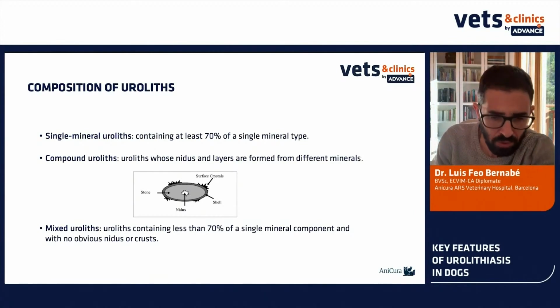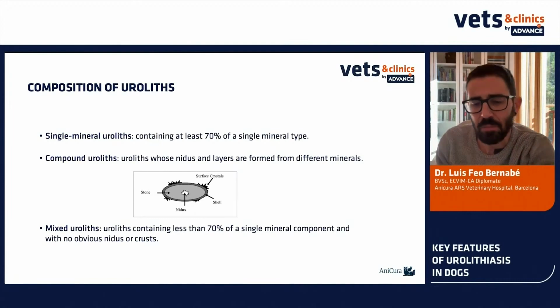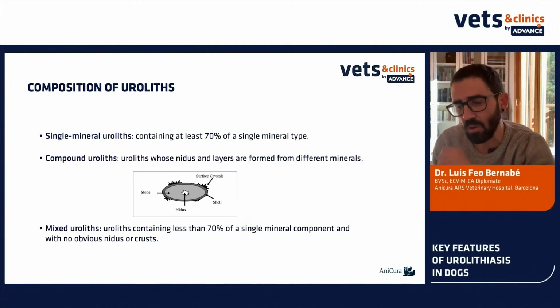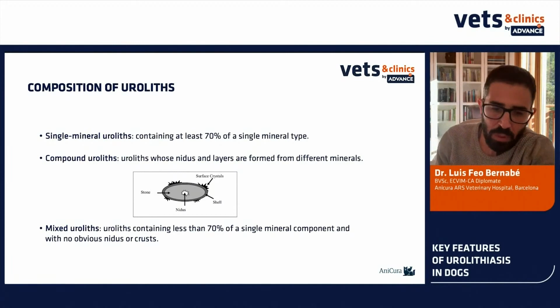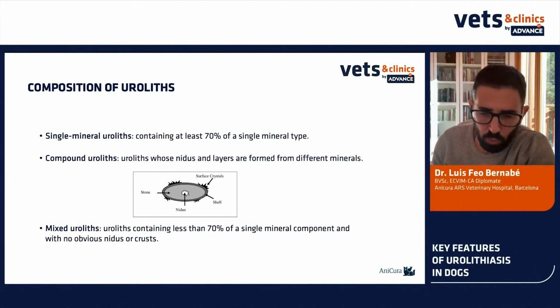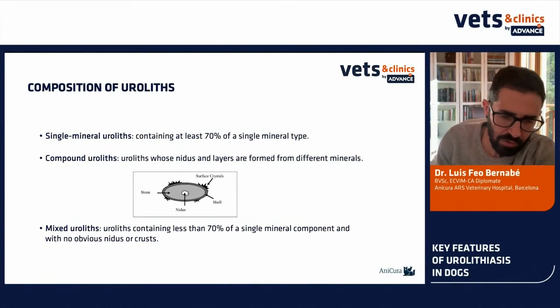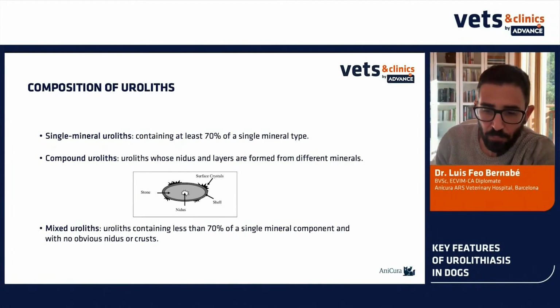Also, sometimes you can have a mixed urolith. The urolith contains less than 70% of a single mineral component with no obvious nucleus or crust. And in this mix, probably you have two different compositions, and you have to focus on these two different compositions. That's kind of classic with calcium oxalate and calcium phosphate.